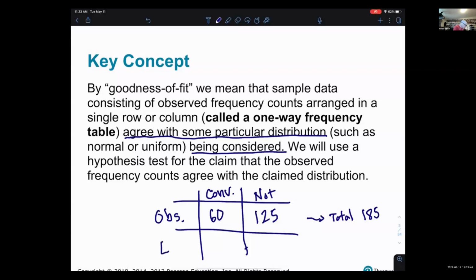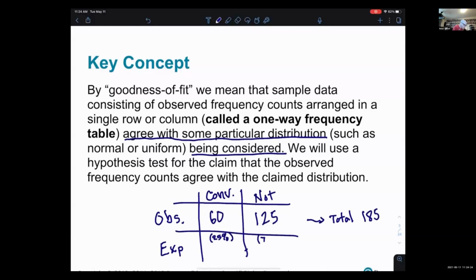And then I could say what I expected to occur. There was this thing we did back in probability chapter 4 called expected value. So for example, if I think in the total population out there that 25% of the DVC people who come to campus in a car drive convertibles, then I expected that 25% would have been convertibles and the other 75% would have not been convertibles.